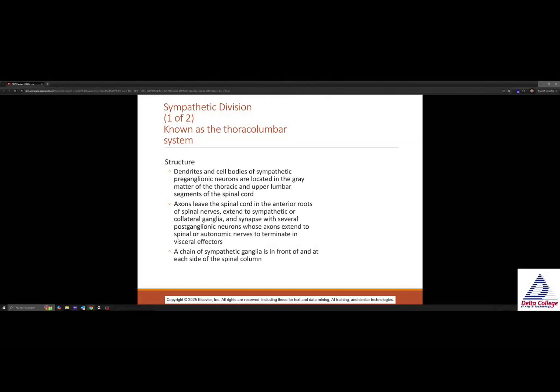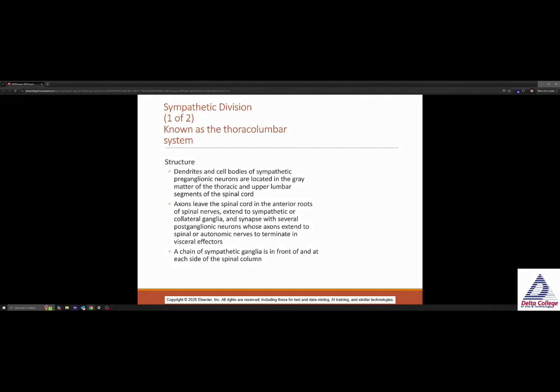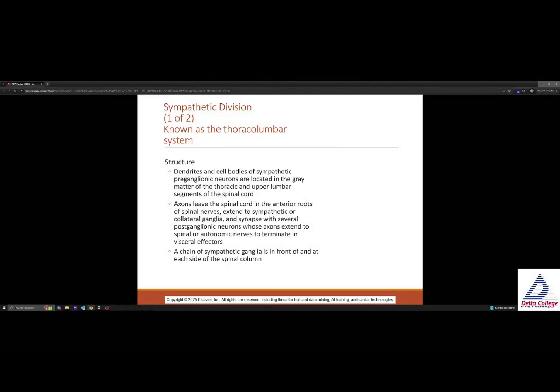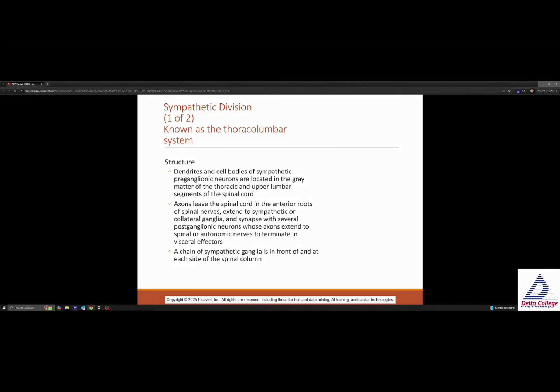Axons leave the spinal cord to the anterior roots of spinal nerves, extend to sympathetic or collateral ganglia, and synapse with several postganglionic neurons whose axons extend to spinal or autonomic nerves that terminate in visceral effectors. A chain of sympathetic ganglia is in front of and at each side of the spinal column.